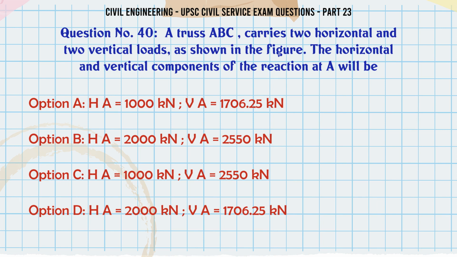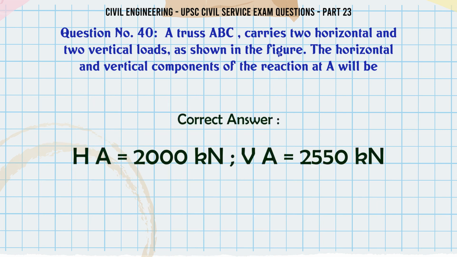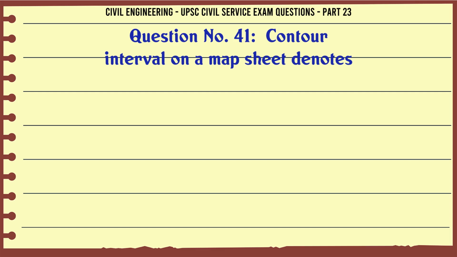The correct answer is HA 2000 kN, VA 2550 kN.